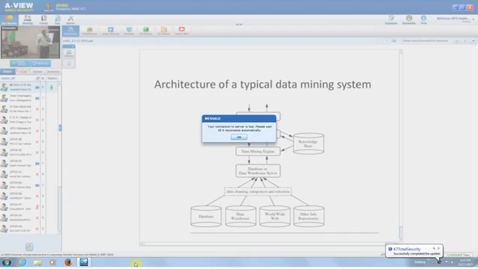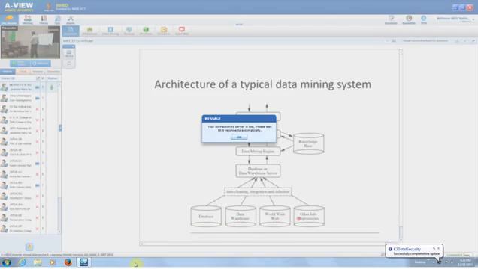So now, what is the architecture of a typical data mining system? You know, for this process, how much I was paid? So database, data warehouse, World Wide Web, other information repositories.